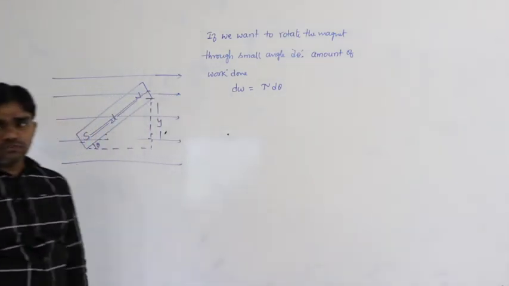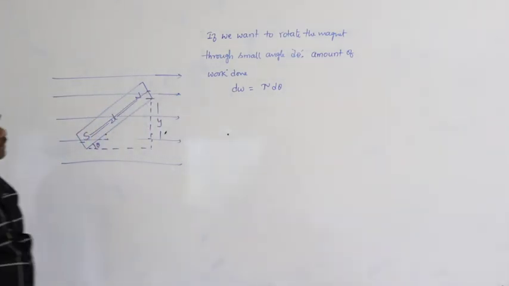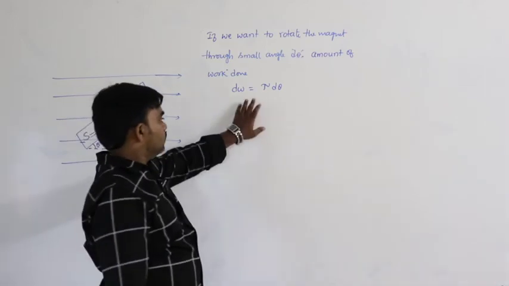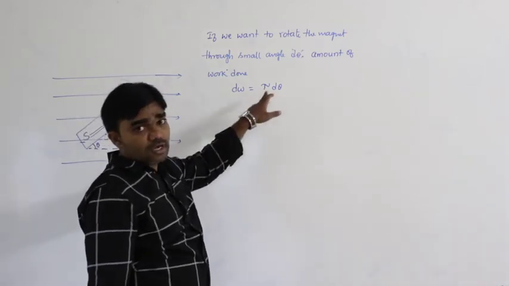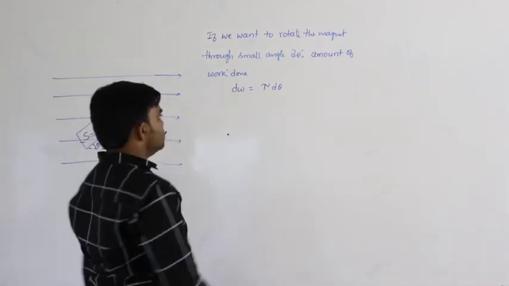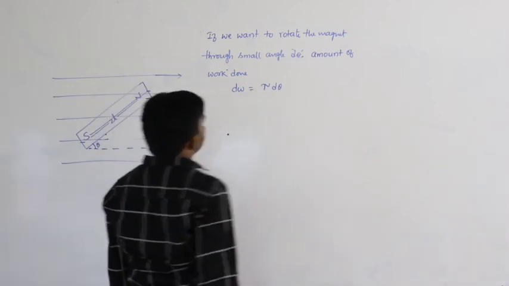Work done can be written as force into displacement or torque into angular displacement. So dW is equal to tau d theta.